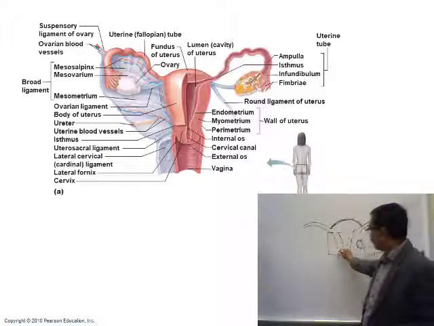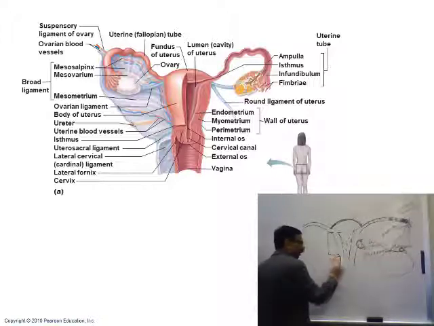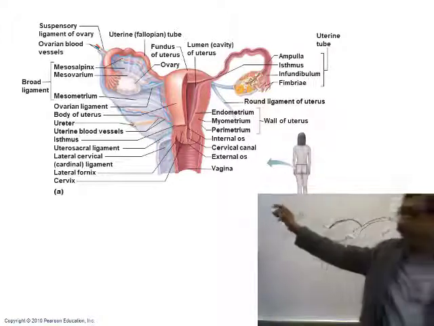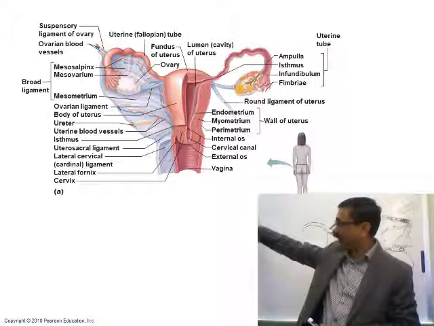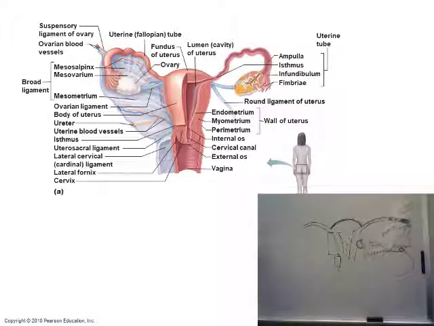Then you have a constricted area here. After the body, it gets constricted, and that constricted part is called the isthmus. You remember, the isthmus is also present in the uterine tube. I mentioned at that time, constriction is called isthmus. So fundus, body, and then this constricted part is the isthmus.